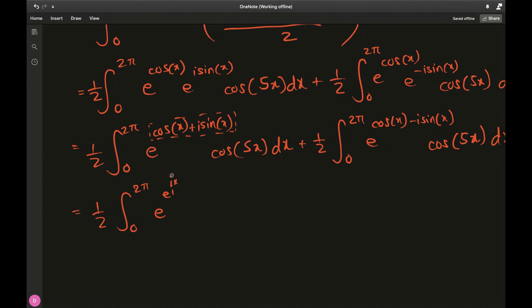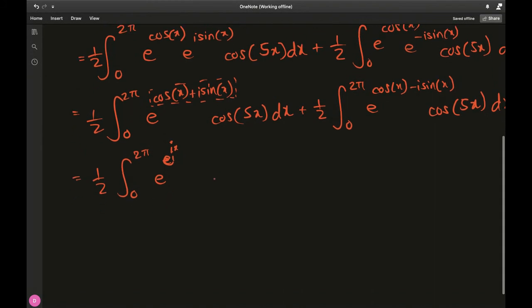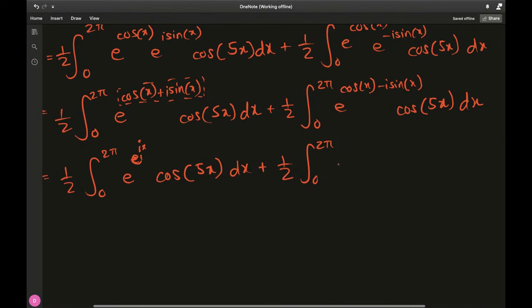This ix is again in the power of this e, so it's like some sort of tetration going on here, but it's e to the e to the ix times cosine of 5x dx plus half of the integral from 0 to 2 pi, and here cosine of x minus i sine of x is just e to the negative ix. Basically you just substitute a negative x instead of x in e to the ix and you'll get this, and cosine of 5x as it is.